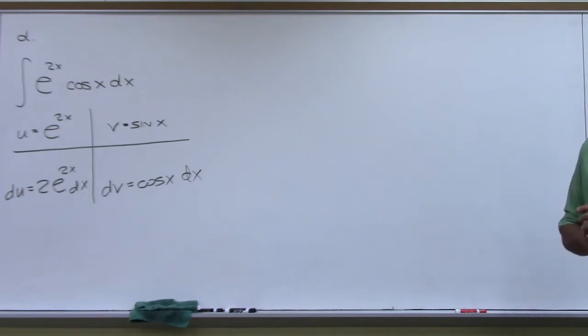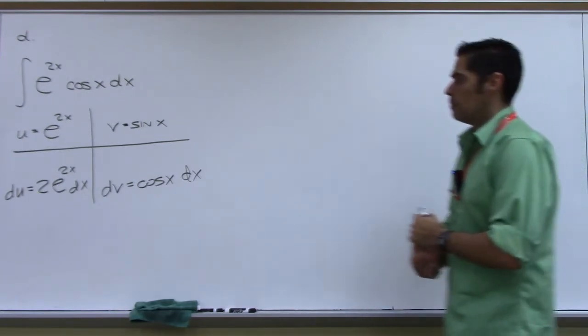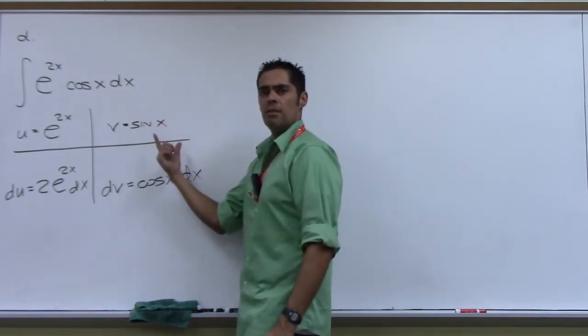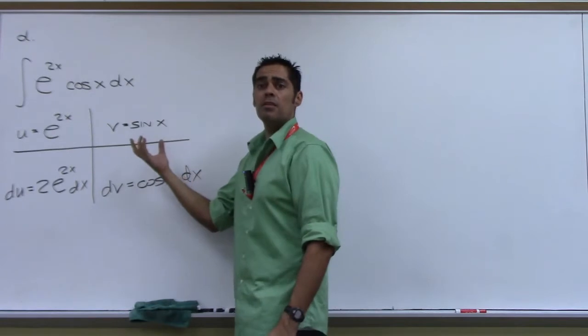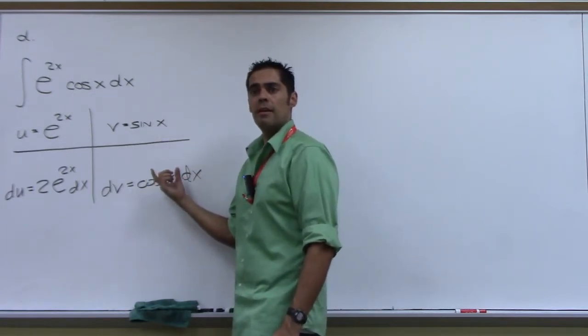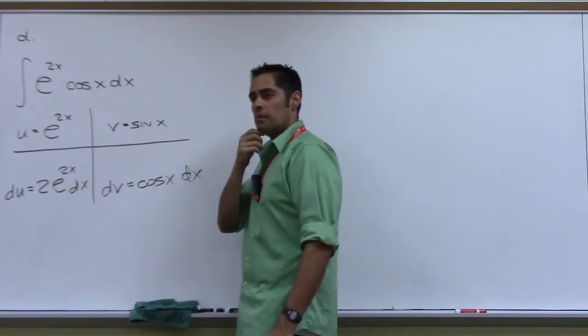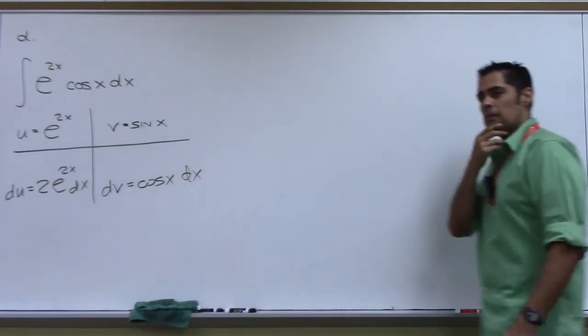I'll let e to the 2x be dv, but that's going to be a problem in itself. What, integrating e to the 2x? Yeah. Well, we did that, didn't we? Yeah, that's e to a linear expression, so we should be able to integrate that.